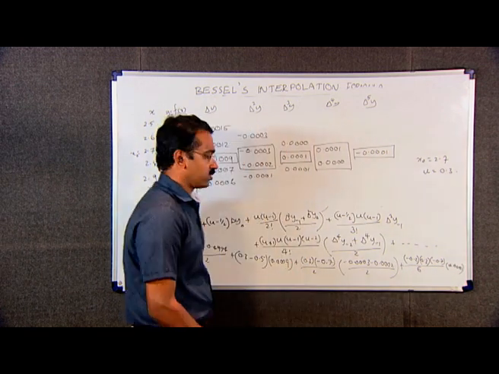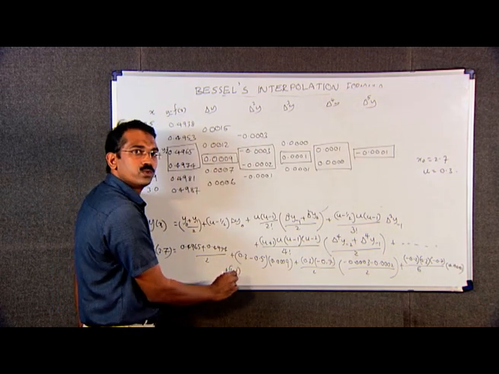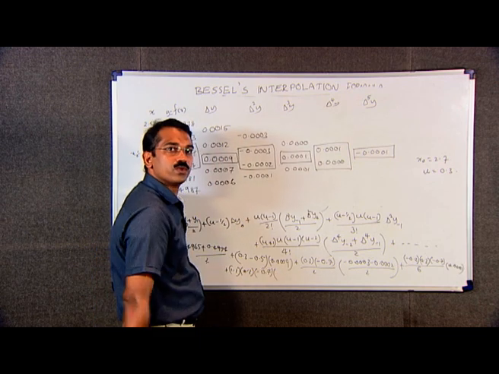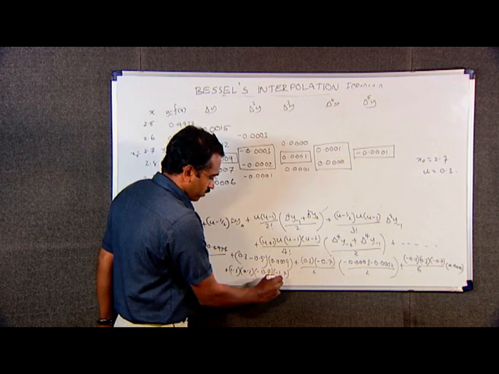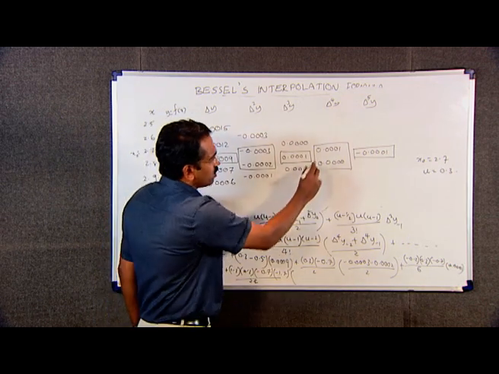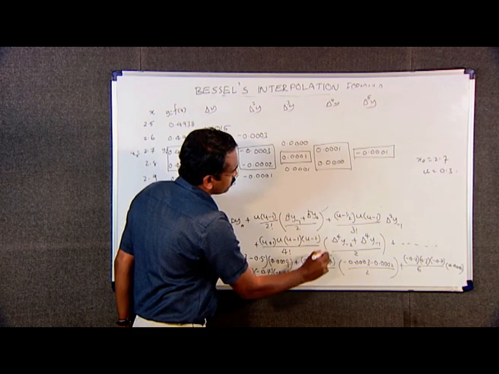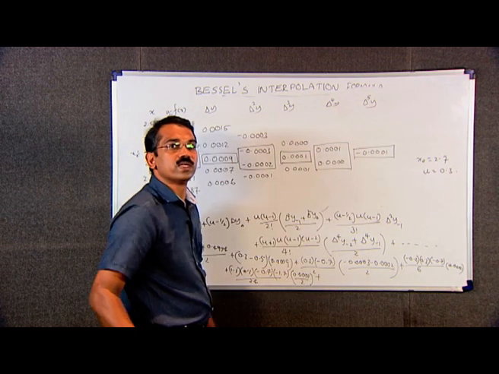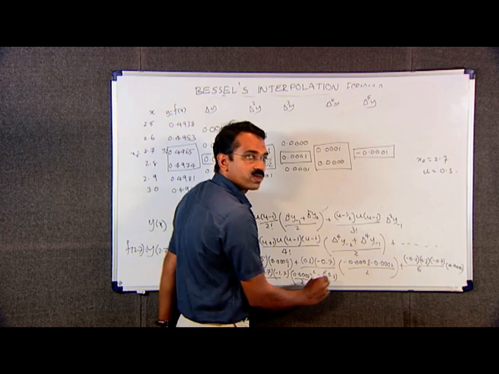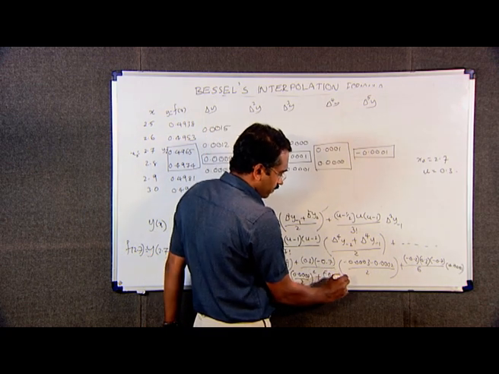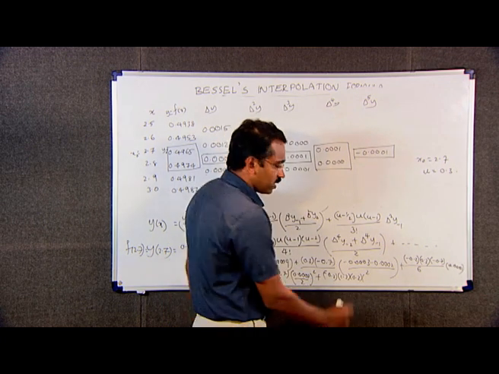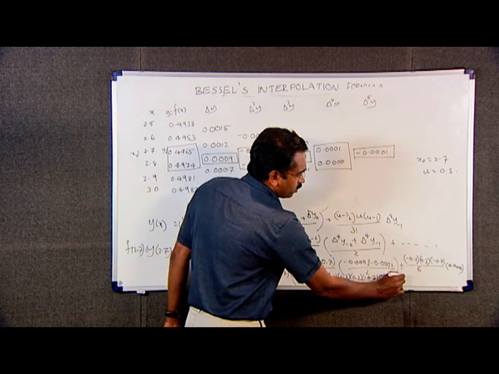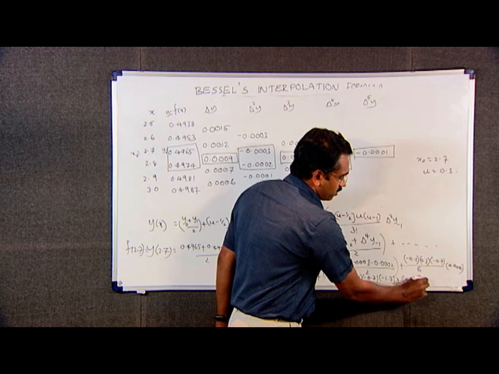0.0001, plus 1.3 into 0.3 into minus 0.7 into minus 1.7 divided by 24 into 0.0001, plus 0 divided by 2, plus the next term, minus 0.2 into 1.3 into 0.3 into minus 0.7 into minus 1.7 divided by 120, this into minus 0.0001.